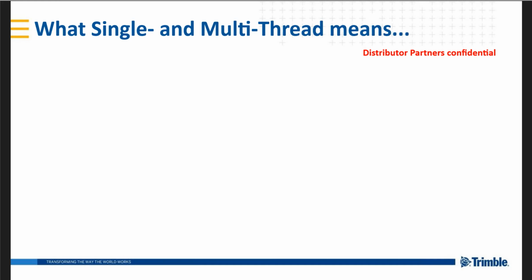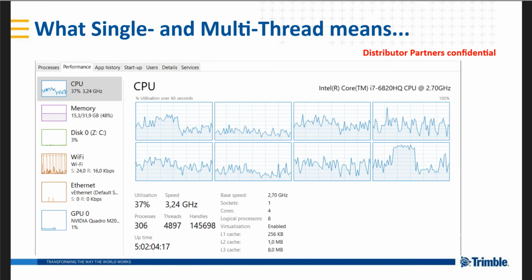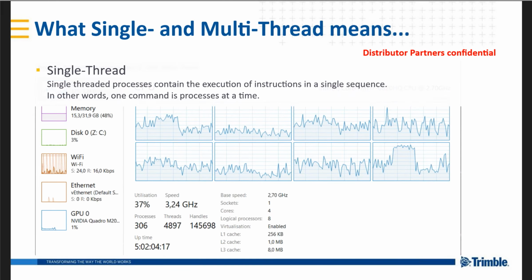Starting with single and multi-thread, maybe not all of you know what this means. Here we have a screenshot from the PC where you can open up the performance tab. It's a screenshot from my PC that I'm using, an Intel Core i7. Single thread in general, if you look it up on the web, means more or less that a single thread processes a single sequence. In other words, one command is processed at a time.